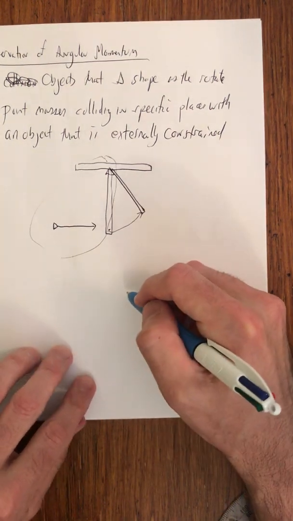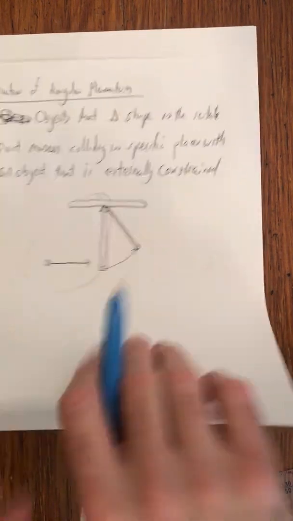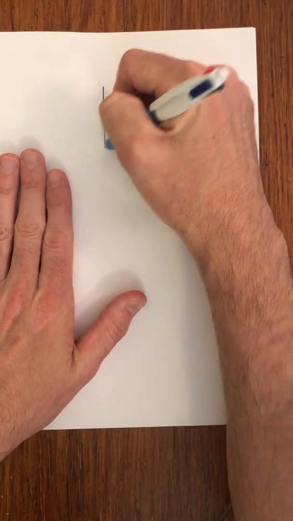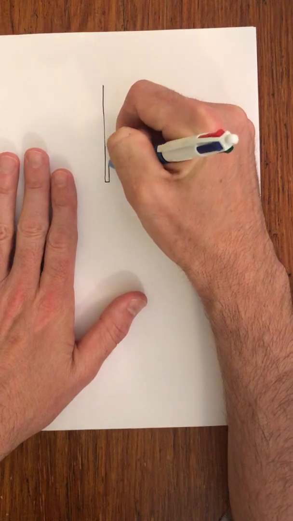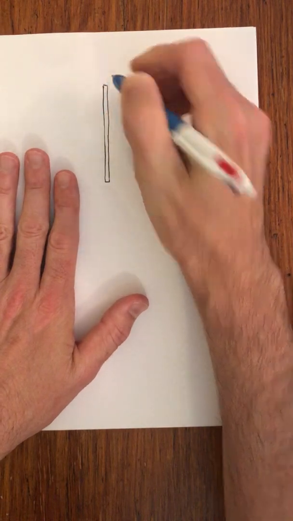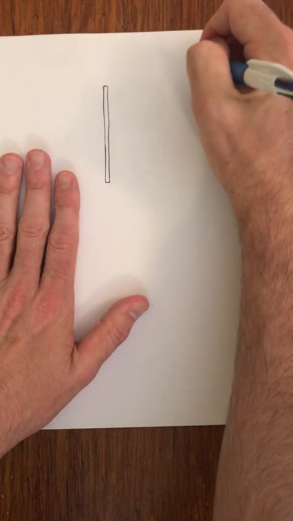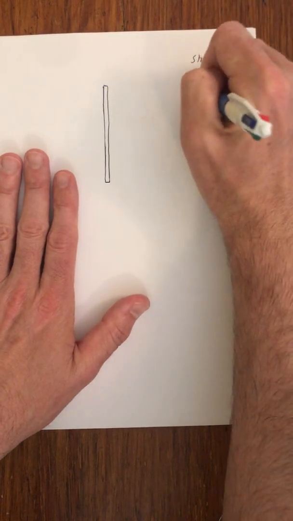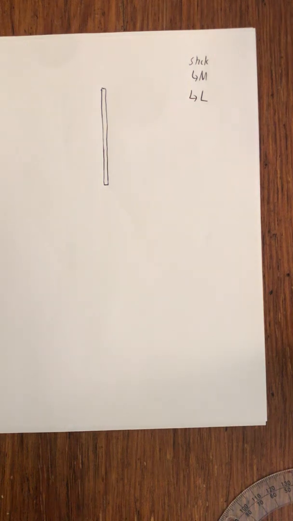Let's say I have, nice clean scenario here, a stick, okay? And our stick has a mass of m and a length of L, right?